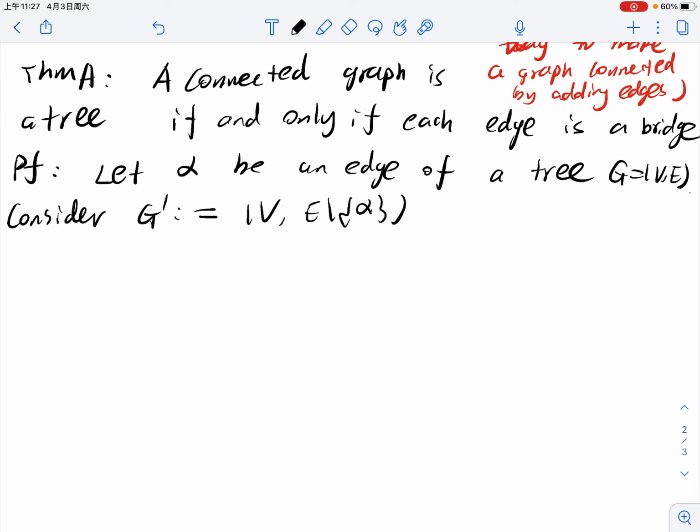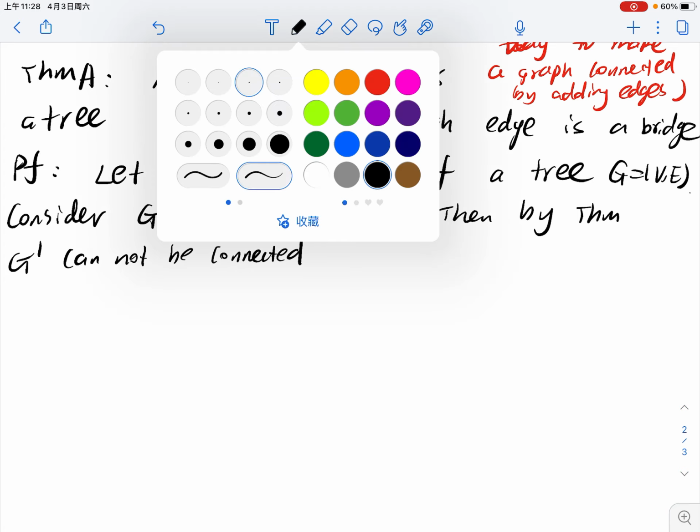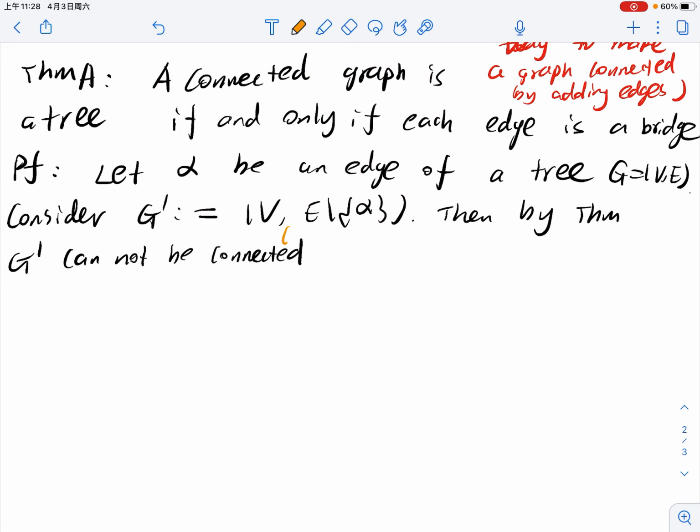G prime is defined by removing alpha from the edge set. By the theorem at the very beginning, G prime cannot be connected. This is because now the cardinality of the edge set of G prime is the cardinality of V minus 2.